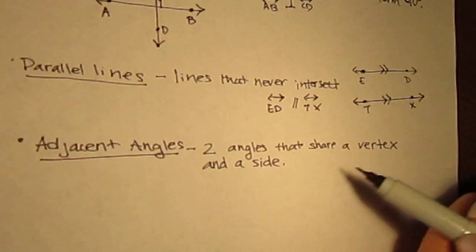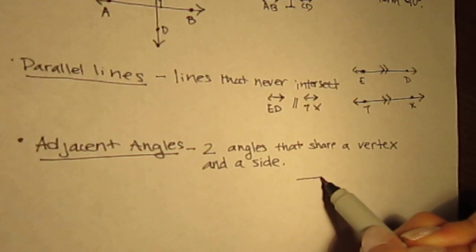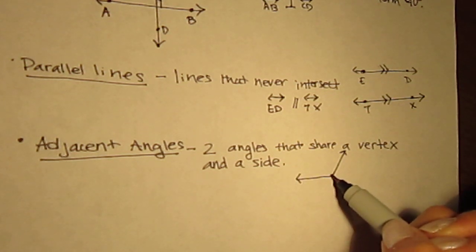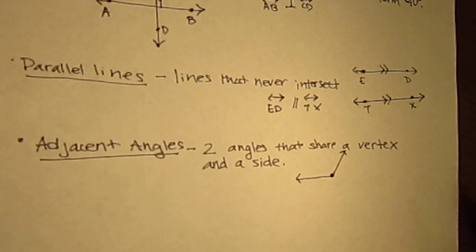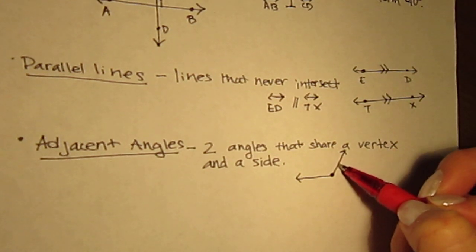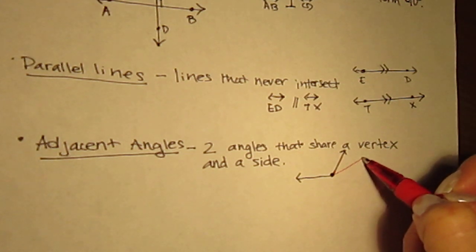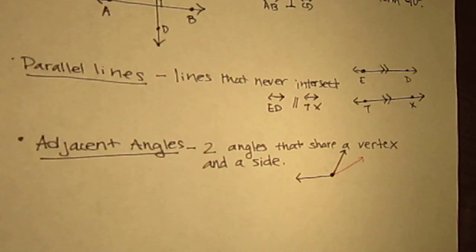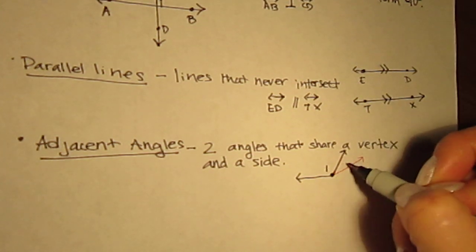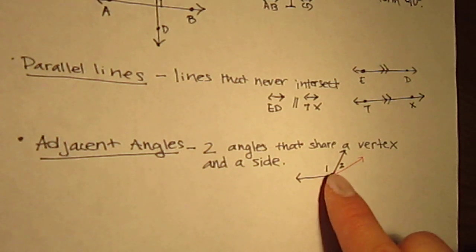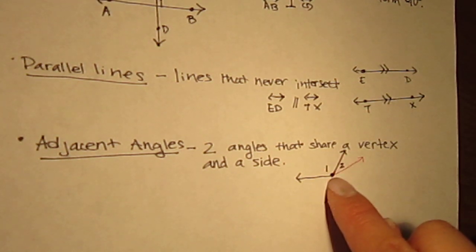So for example, I might have an angle like this, and here's my vertex. And then I might have another angle that shares this side and goes this way. These two are adjacent angles. So I can label this angle 1 and angle 2, and we'll say angle 1 and angle 2 are adjacent. Basically it just means that they're next to each other and they share a side and a vertex.